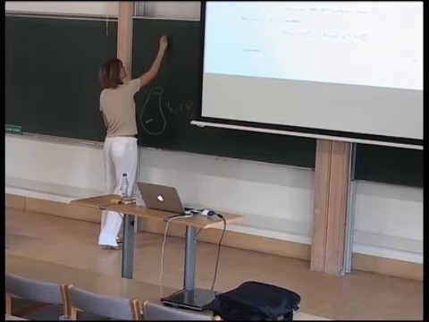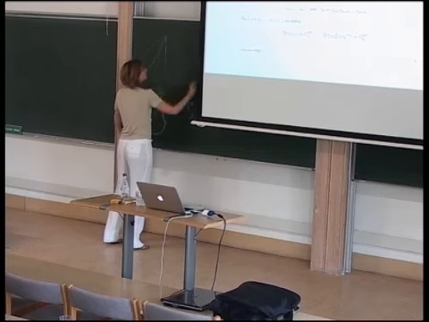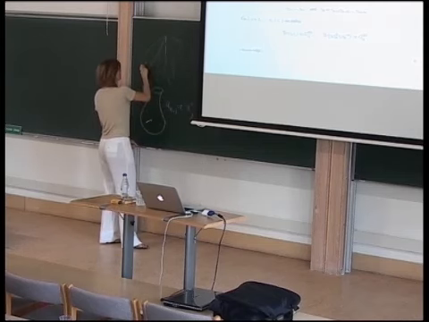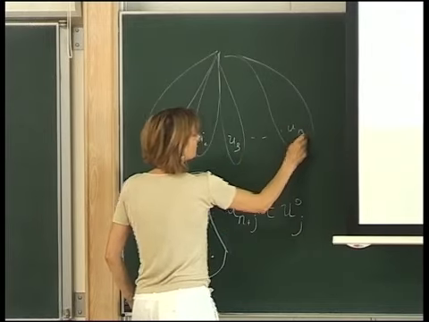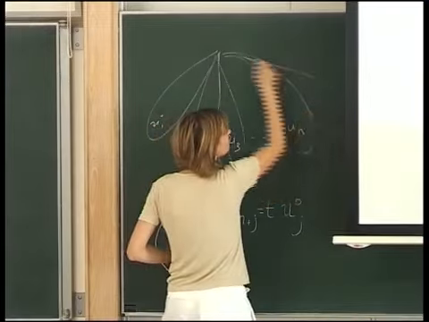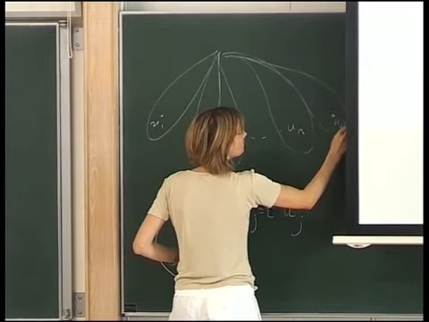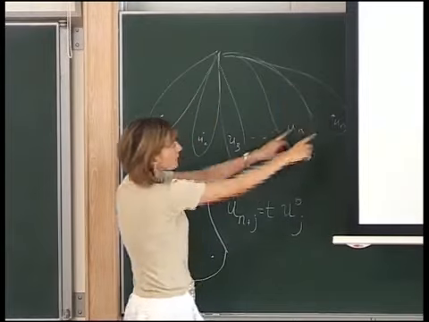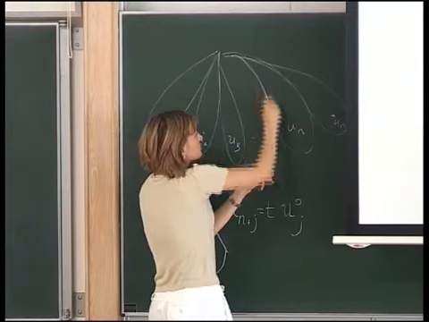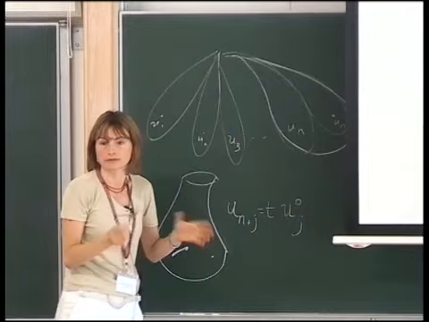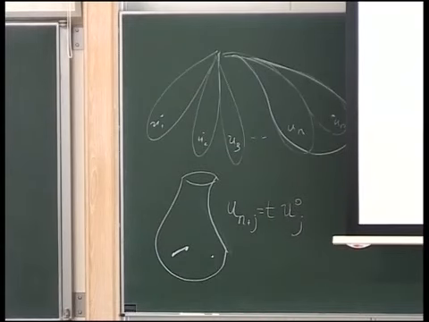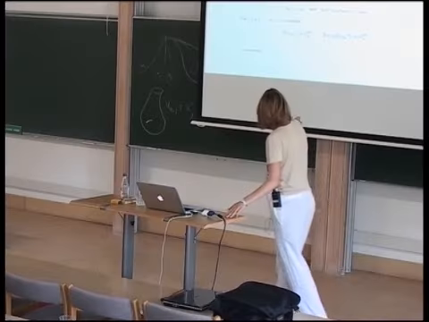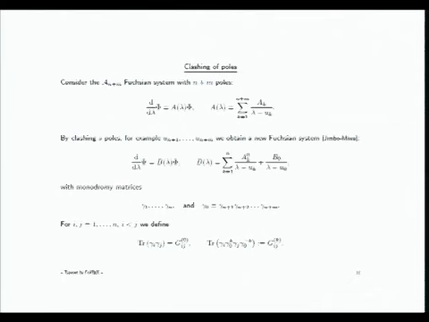Let's take a base point and consider a basis of loops. And then I have the other ones, u_{n+1}, and so on. If I clash, for example, these two, the picture is simply replaced by this, yeah? That's the topological reason why that's happening. So the new matrix is simply the product of those.